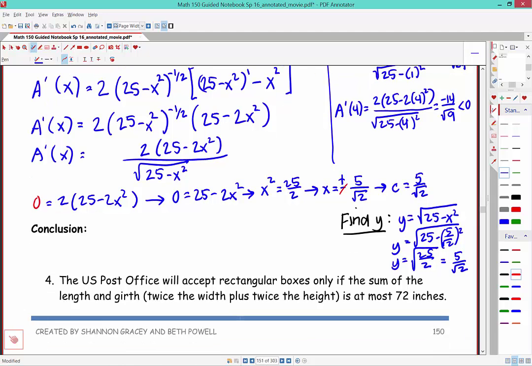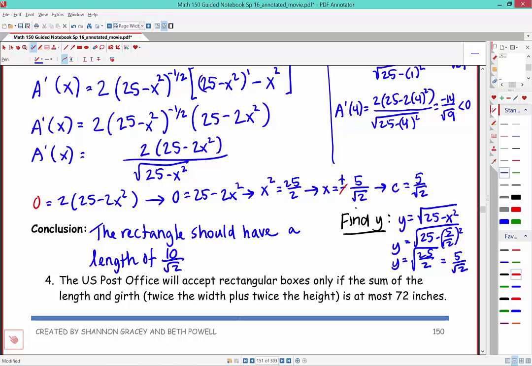So the rectangle should have a length of, so x will be the length, and remember the length is 2 times 5 over root 2, so that would be 10 over root 2, and a width of 5 over root 2. Okay?